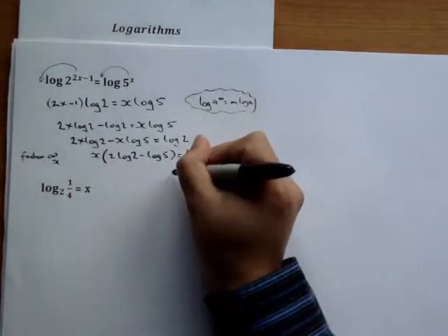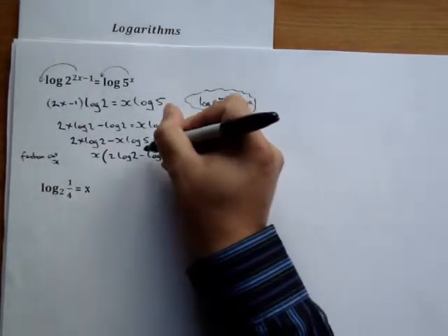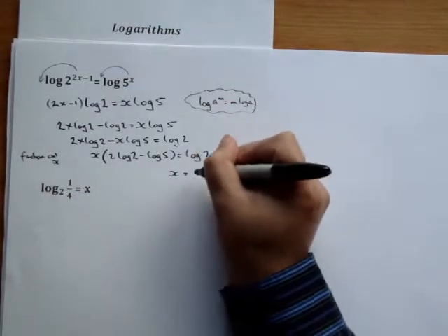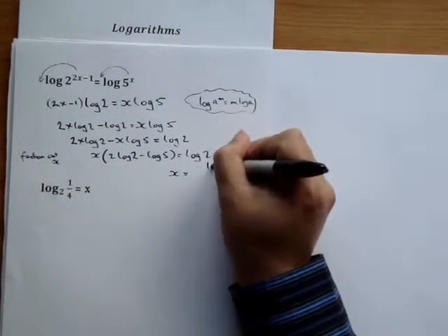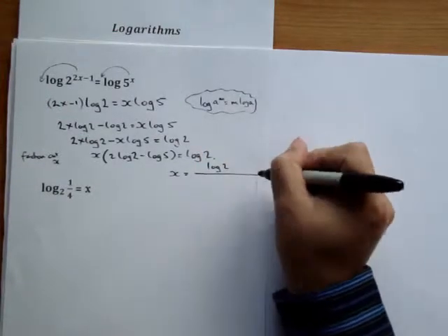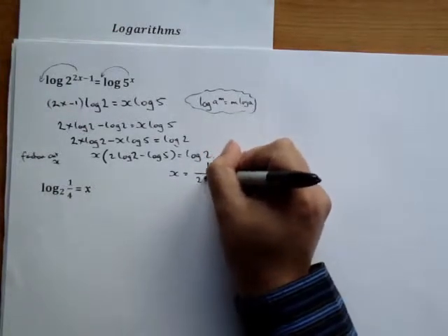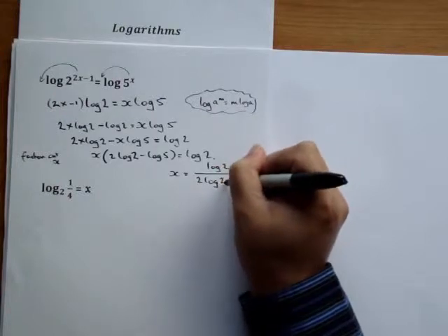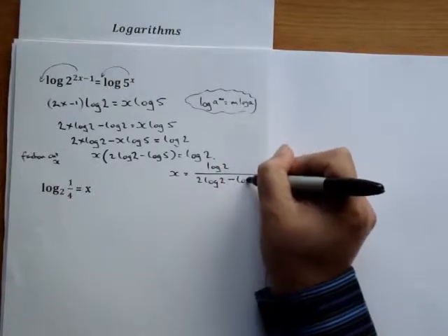And now to get x by itself, we just bring this to the bottom, divide by that, so we get log 2 on the top, and on the bottom we have 2 log 2 minus log 5.